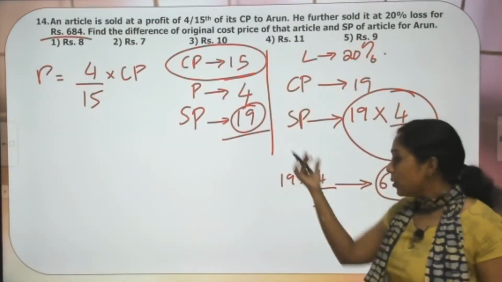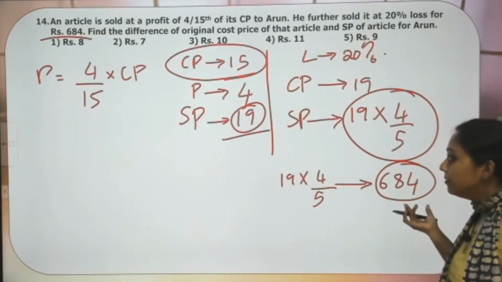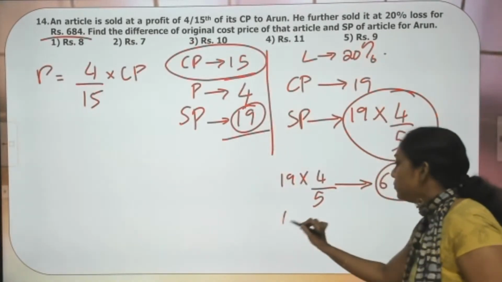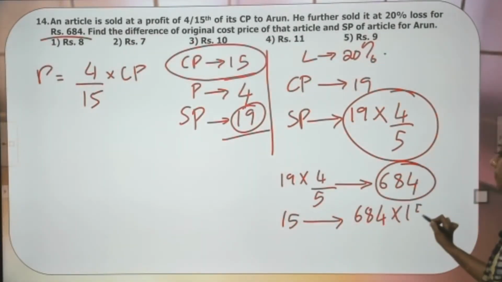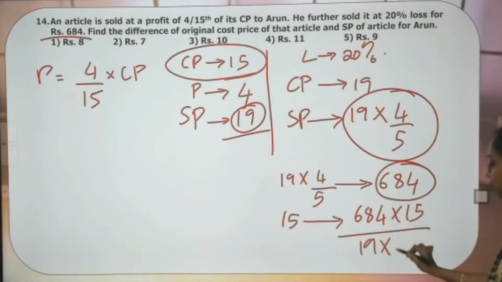So you have got the relation between the assumption and the real value. So 15 is how much? 684 into 15 divided by 19 into 4 by 5, you have to take it to the numerator. Now simplify it.